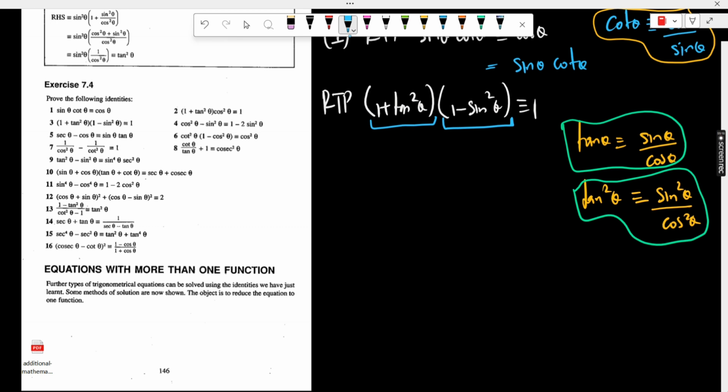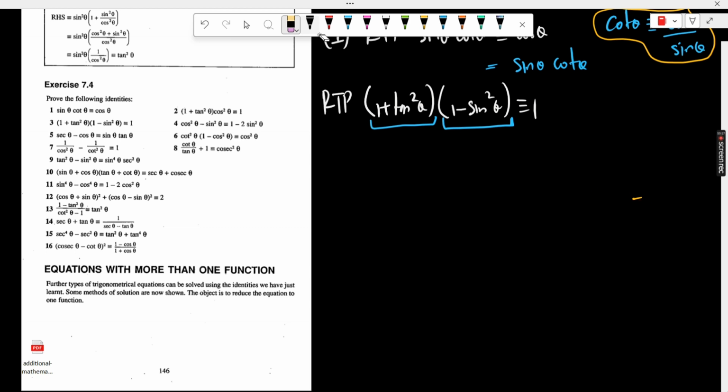Can anybody tell me what 1 minus sine squared theta is equivalent to? Anybody remember that? No? That's all right. Let me write it down. We know that sine squared theta plus cos squared theta is equivalent to 1.